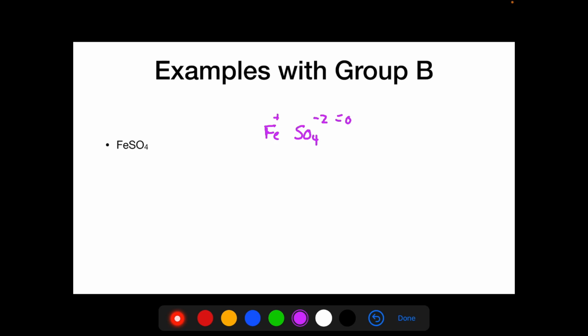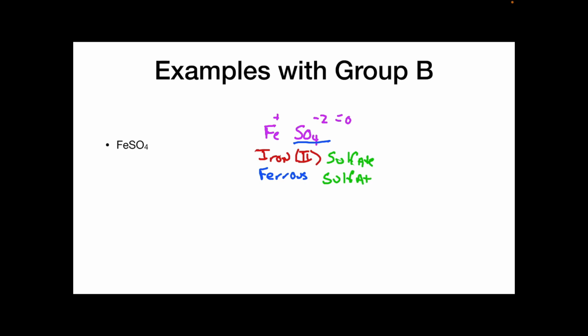Well, that has to be a +2. So Fe in this case is going to be iron 2, also called ferrous. So we have iron 2 and ferrous, and then SO4 is sulfate. So we have iron 2 sulfate or ferrous sulfate.